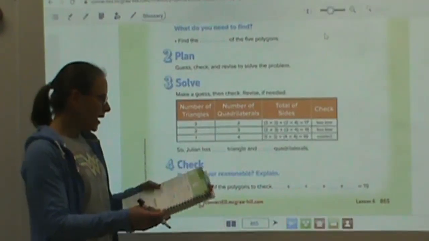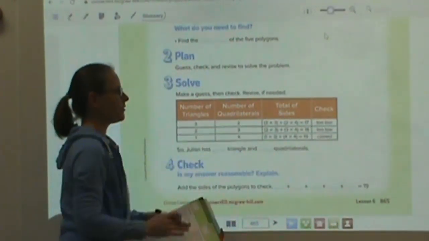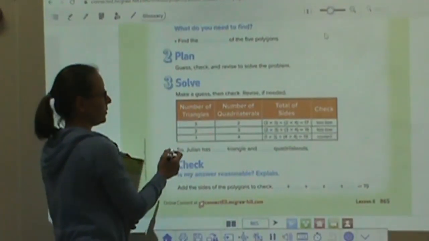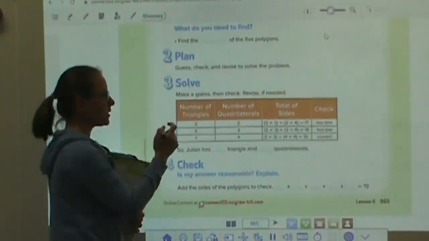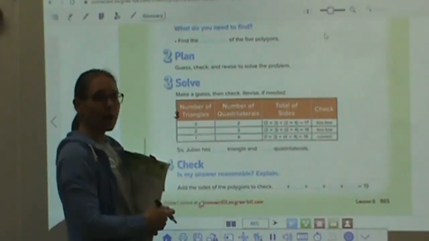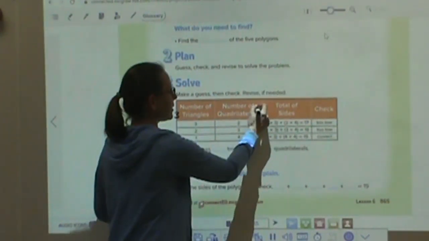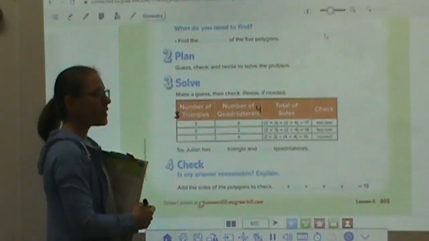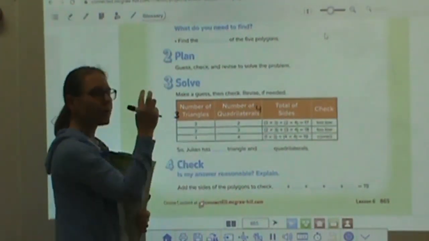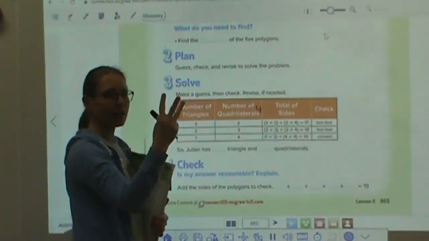So let's go ahead and figure out how did they solve these problems, just so you have a good idea. So here we have a triangle, and we know that a triangle has 3 sides. I'm going to put that right here. And we know that this quadrilateral has 4 sides. So here is how they solved the problem. They said, well, we're going to guess that there are 3 triangles.